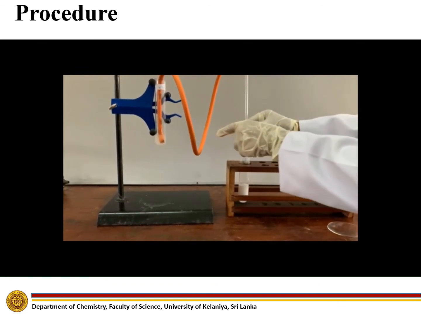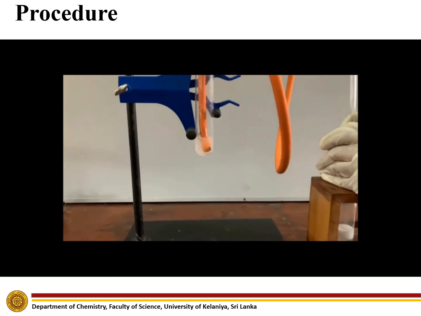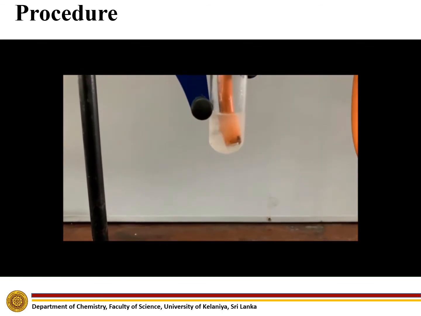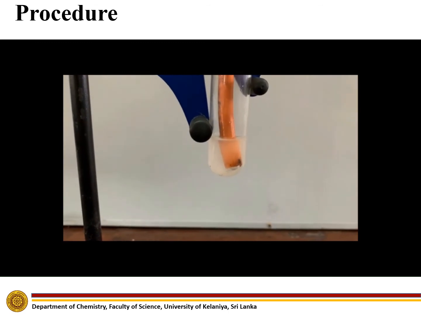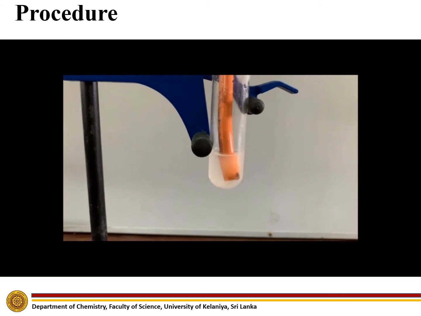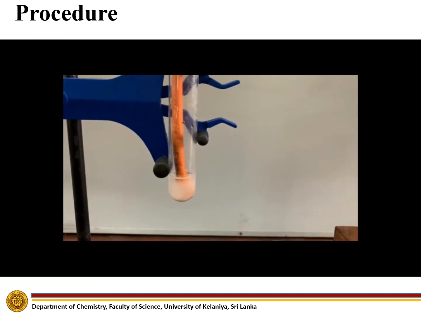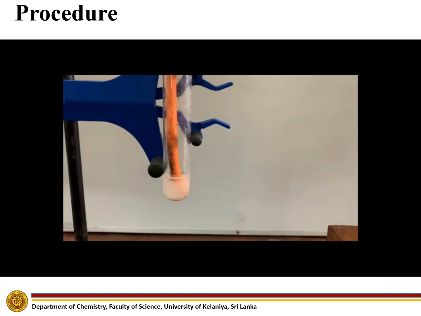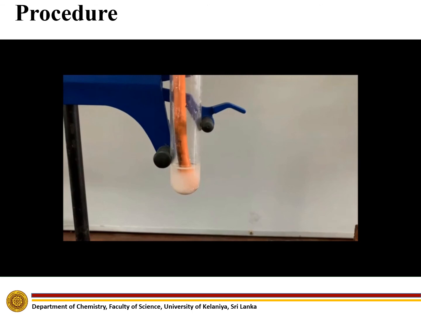Pass the liberated gas immediately into the lime water using the delivery tube. First, the lime water will turn milky. But when we continue passing excess gas into lime water, the solution will turn colorless again.